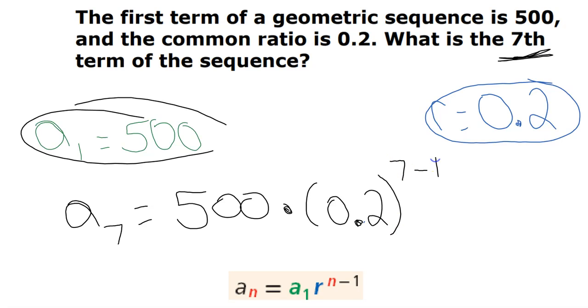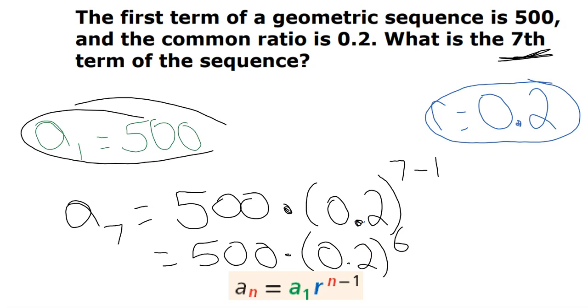So it would be the 7 minus 1 power. So if I simplify this down, it would be 500 times 0.2 to the 6th power. And if we do a real quick calculation, 0.2, we want to raise it up to the 6th power. We get 0.000064. Multiply that by 500. Ends up giving us the same exact answer with a lot less work.